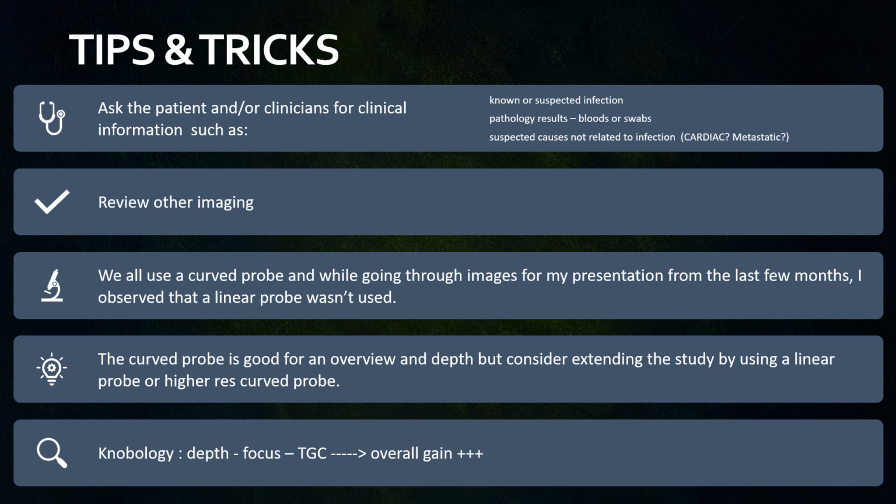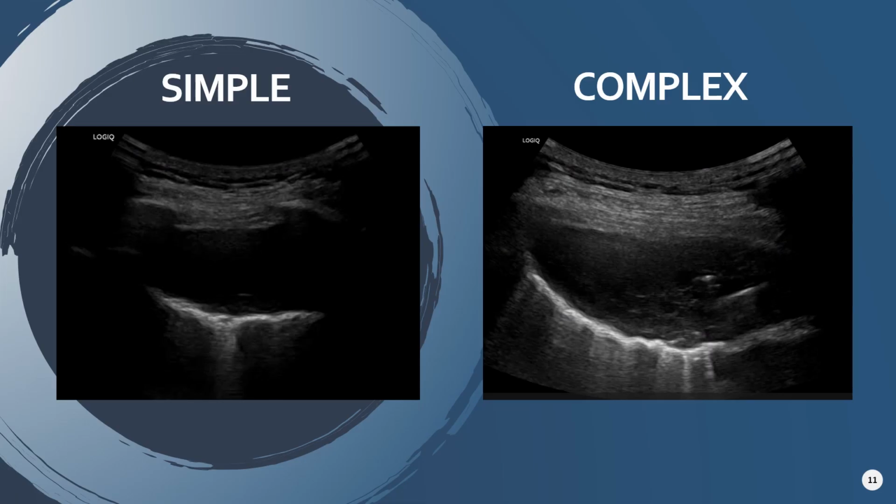And then remember your knobology: depth, focus, TGC, and increase that overall gain to see some of those echoes in complex effusions. So in saying that, just looking back at these pictures here, is this really a simple effusion?